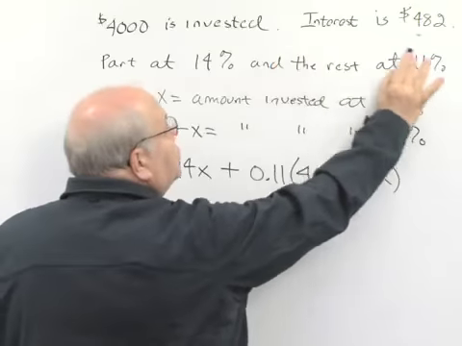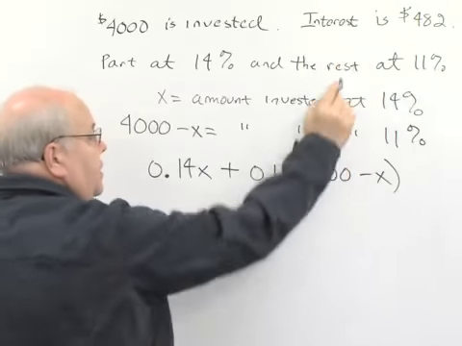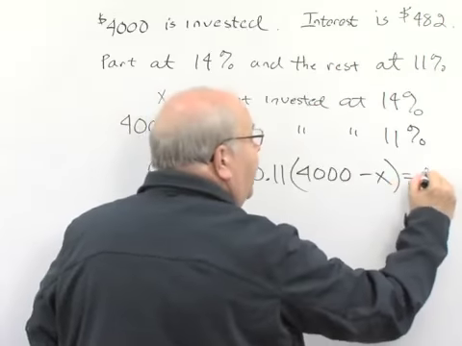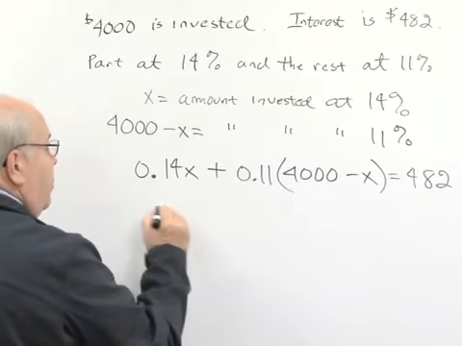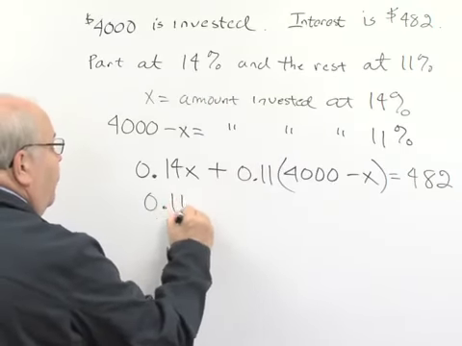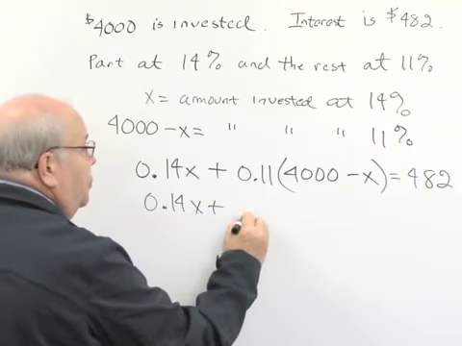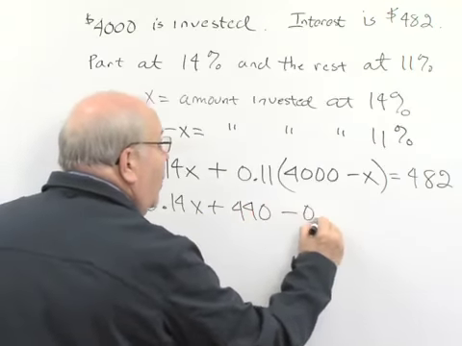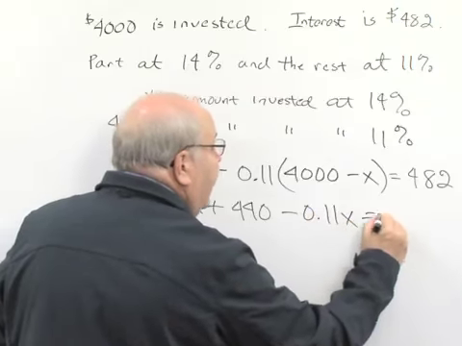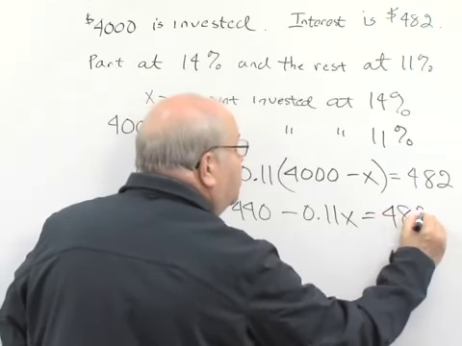The total interest for the year from the two investments is $482. Now, if we remove the parentheses, we have 0.14x added to 440 minus 0.11x equals 482.